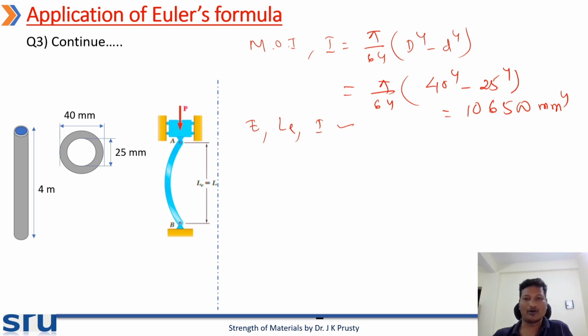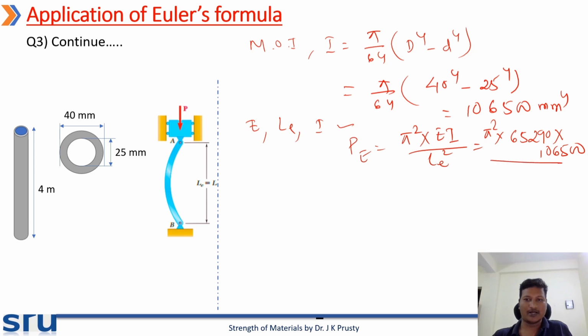So we put all three values in Euler's formula, pi square EI by L_e square, that is pi square into the value of E we got, 65290 into 106,500, divided by 4 into 10 to the 3 square.